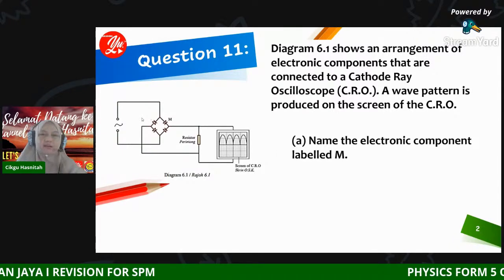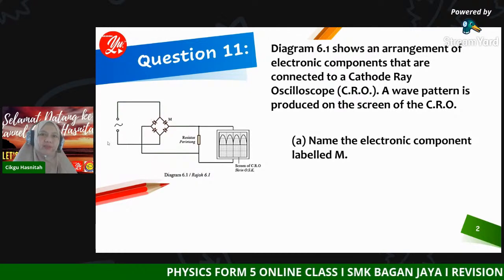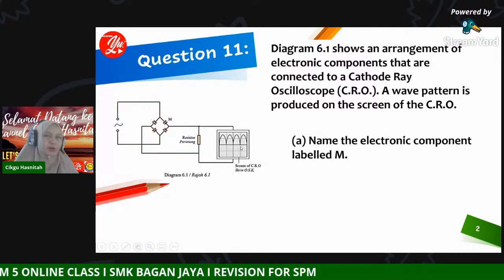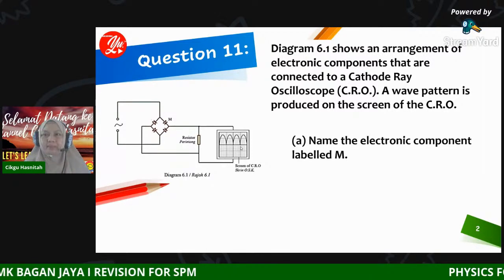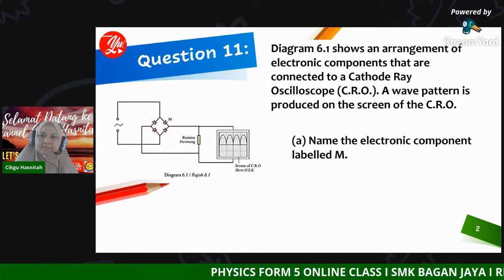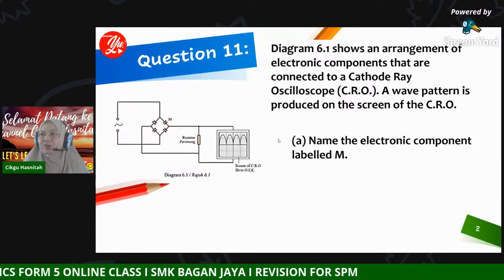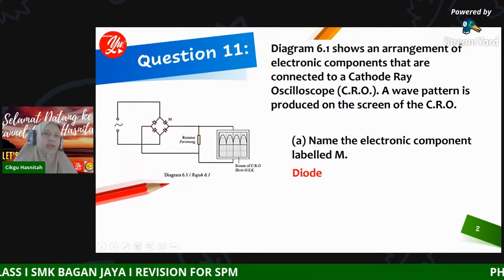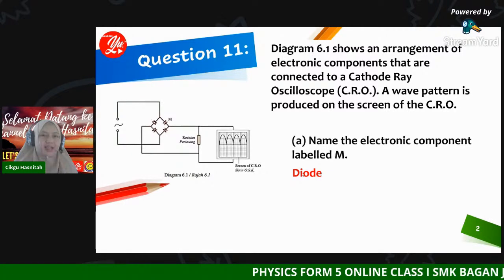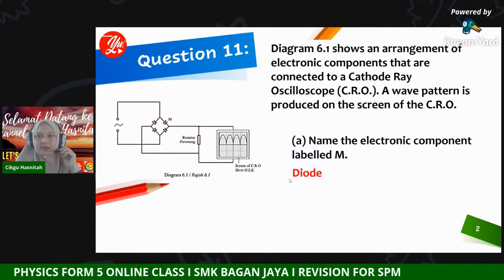Please share your answer in the live chat. So M is diode. Yes, Songjun, M is diode. You must be very sure, so don't write the question mark at the back. Write there, M is diode. Yes, Jinqian, diode. Very good.